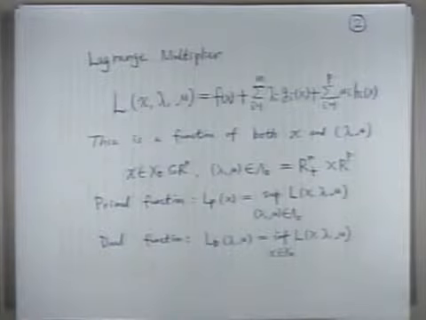And now it seems that we are trying to separate the x part and the lambda and mu part. We say, well, for the Lagrangian function, we maximize with respect to x, and then we minimize with respect to lambda and mu.